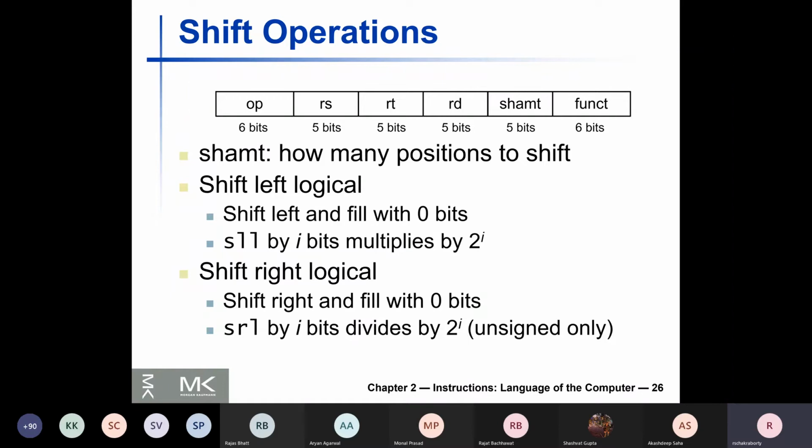So this is something a little strange. Both the shift left logical and shift right logical are slightly strange because you do not know what is going to happen to the leftmost bit, that is the MSB, which is denoting your sign. In the shift left logical, if you shift by 1 position, earlier there was a 1 on the left.